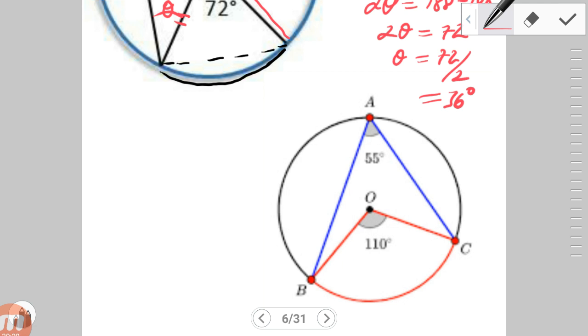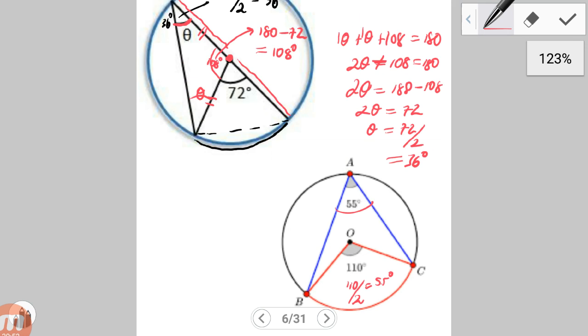And that angle is equal to 55 degrees. The reason why is because 110 divided by 2 is equal to 55 degrees, because the angle at the circumference is going to be half the size of the one at the center, considering that they're subtended or bounded or created by the same chord or arc.